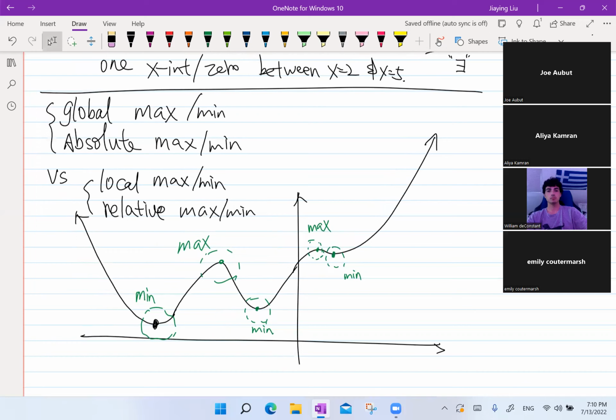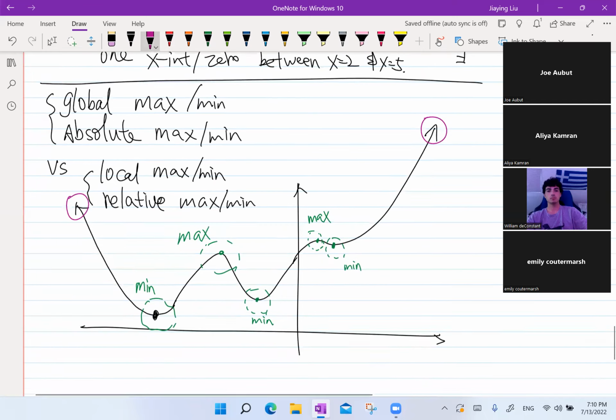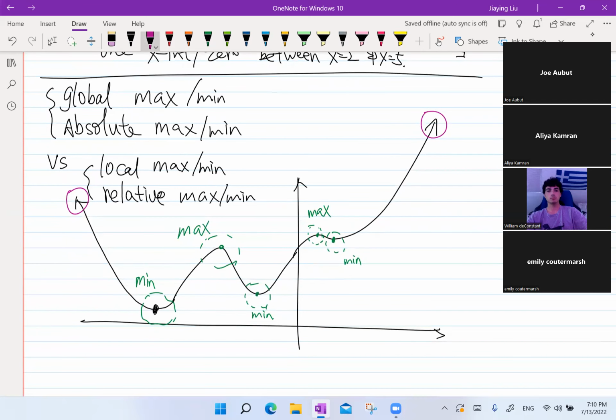Because both arrows go upwards, the function continues to increase, so there's no global maximum, because it goes to infinity and we don't know how big infinity is.